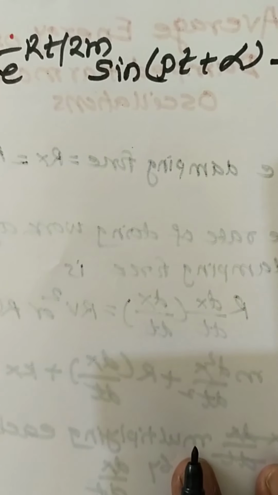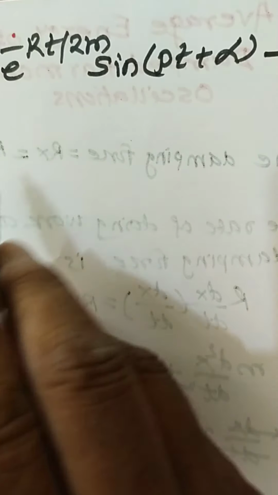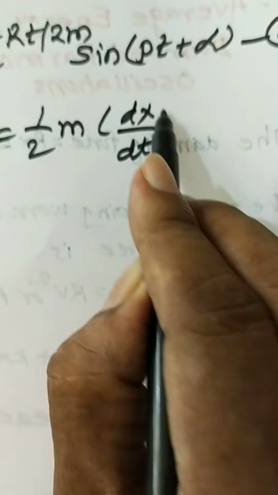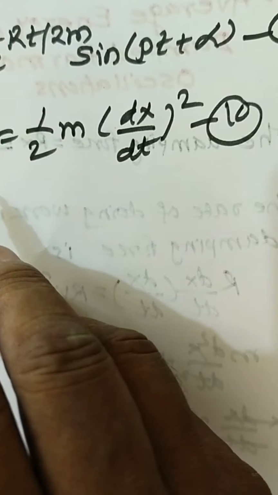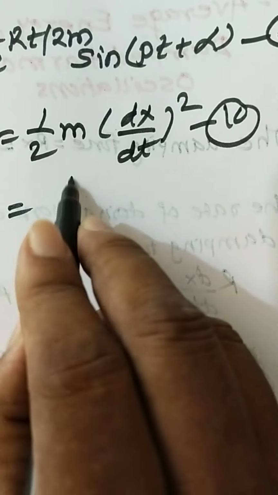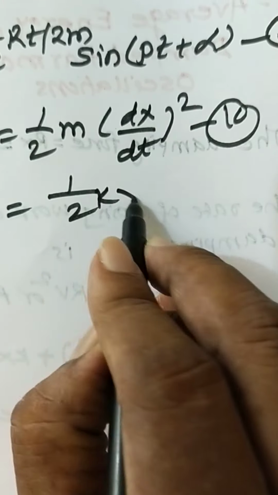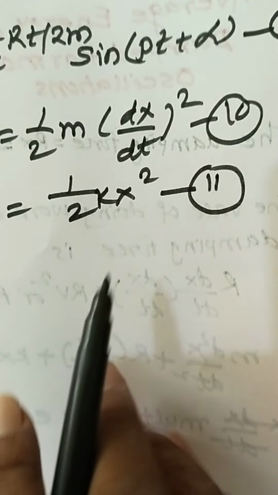So here the kinetic energy Ek is equal to 1/2 m (dx by dt) squared. This is equation number 10. And we know the potential energy Ep is equal to 1/2 k x squared. This is equation number 11.